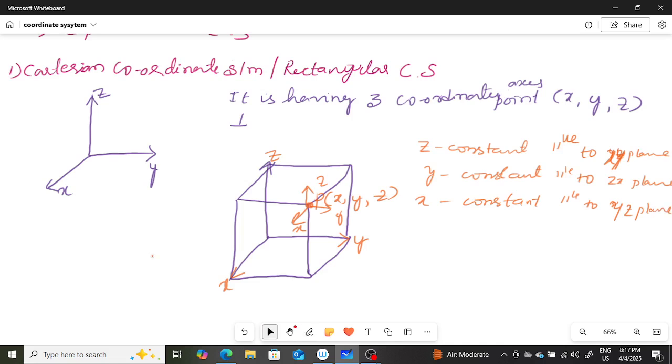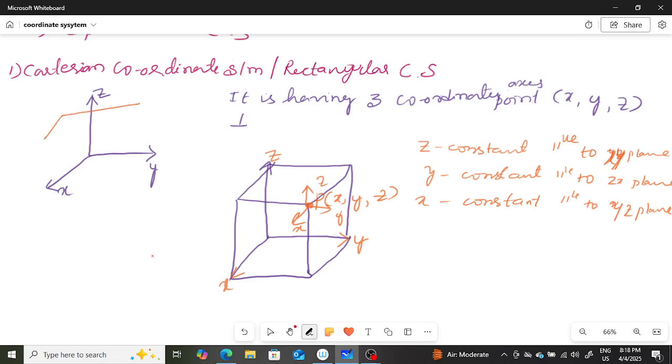So you just have to understand in which plane the point lies, by which coordinate is constant. If Z is constant, then it lies in the XY plane. Where exactly is the XY plane? It has to be parallel to XY, right?